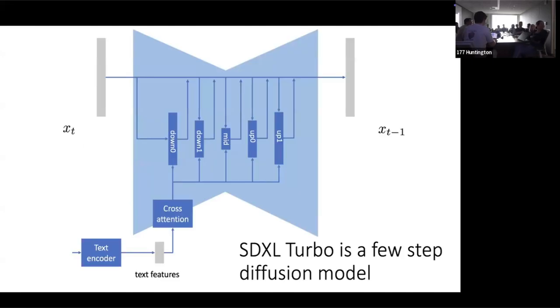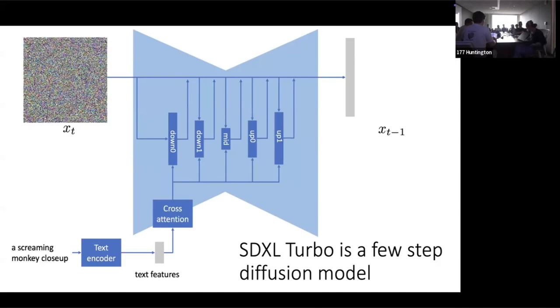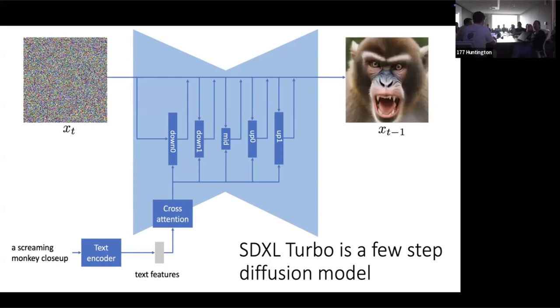So how does a diffusion model work? You give in some noise and a text prompt. In SDXL Turbo, you have a UNet architecture, I made a very simple image here, and out comes an image corresponding to the caption. And this would be the one-step generation process that we focused on.